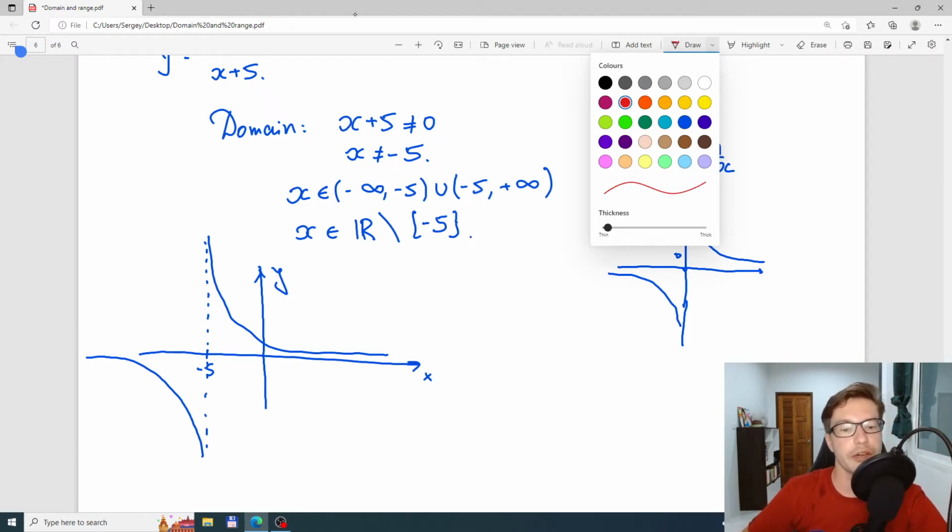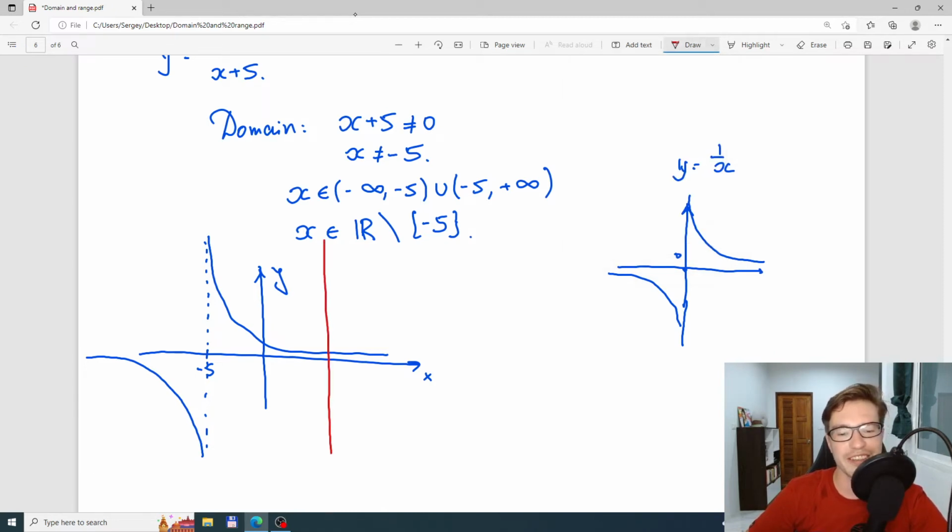Now, when you look at this graph and you want to state the range of the function, it's very easy to make this mistake and say that y is from -infinity to +infinity, because it kind of looks like this. However, don't forget that the y value is never equal to 0.